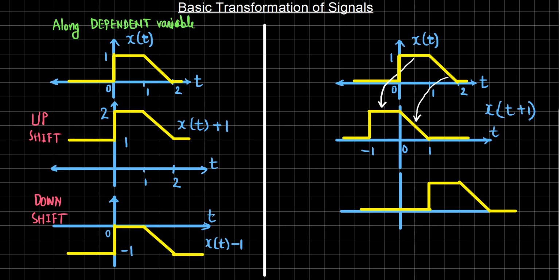Let me mark the axis. The axis being t. Here it will be 1, 2, and the signal will end at 3.